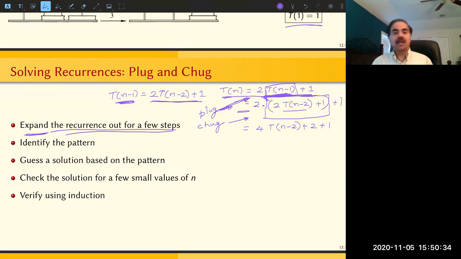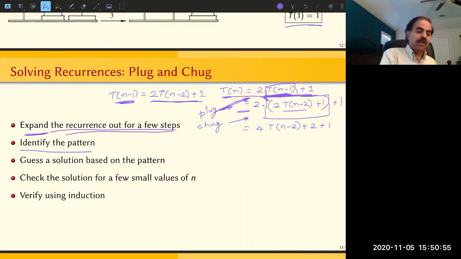You alternate the two steps until you start seeing a pattern. Basically you will see a sequence, and we have all solved problems where you are given a sequence and asked what the pattern is. So what we are trying to do is expand and identify the pattern in that sequence.